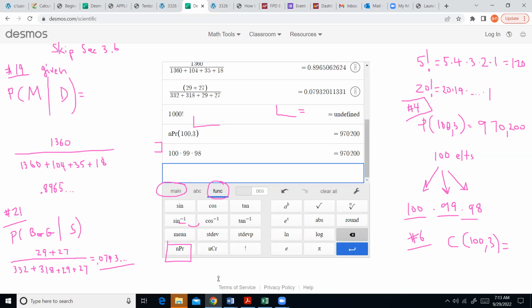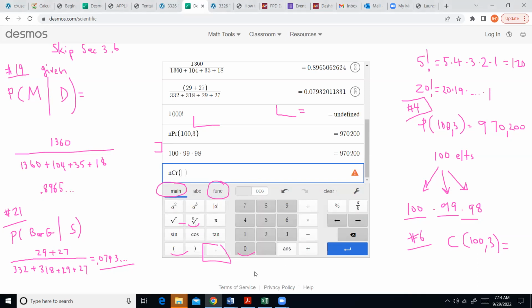So next to the permutations, in this last row of possible entries, we have the permutations, factorial, and this combinations in between. So I hit this NCR, combinations, go back to the menu, and then have 100, comma 3, and get also some kind of number.